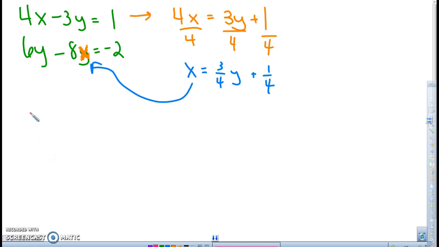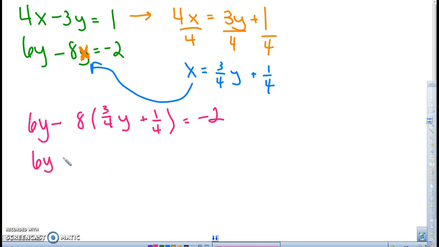When you start plugging it in, I will have 6y minus 8 times 3/4 y plus 1/4 equal to -2. I start simplifying and I get 6y minus 8 times 3/4. If I put that over 1, those cancel. That gives me 1 and a 2. 2 times 3 is 6y. And then I need to do 1/4. That becomes a 1.